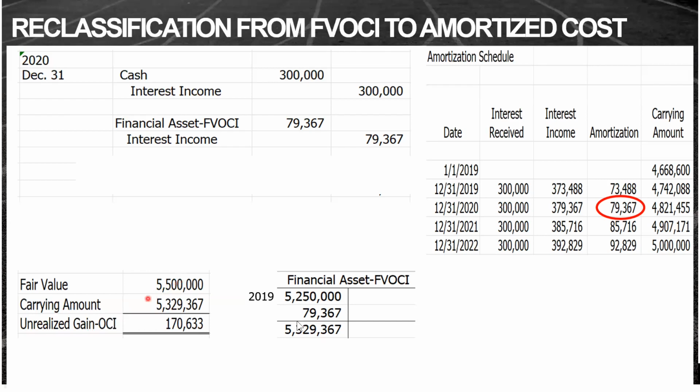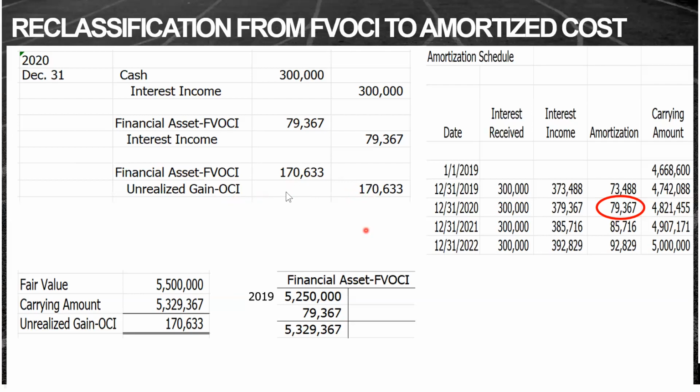So we compare that again with the carrying amount that we have computed here after considering the amortization of our bond discount. So you have a difference of 170,633. So if you are to record this, you simply debit financial asset FVOCI at 170,633 and credit unrealized gain OCI at 170,633.